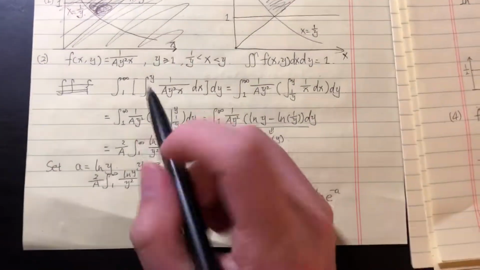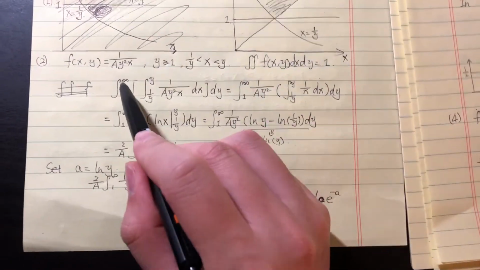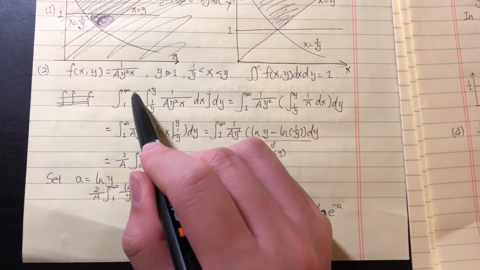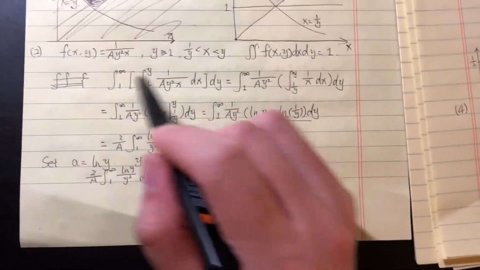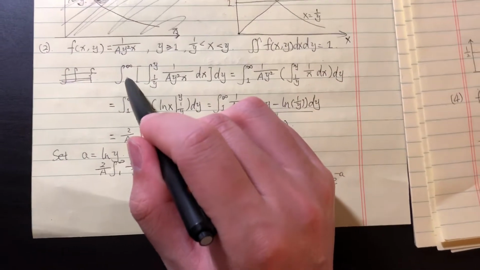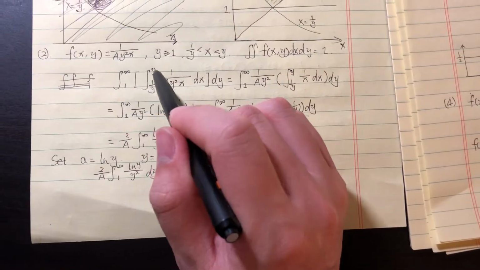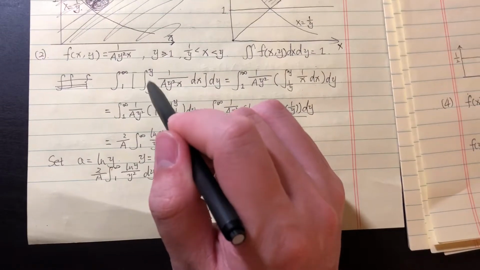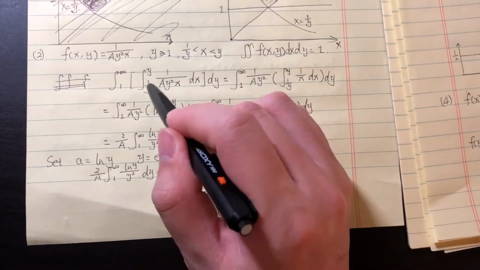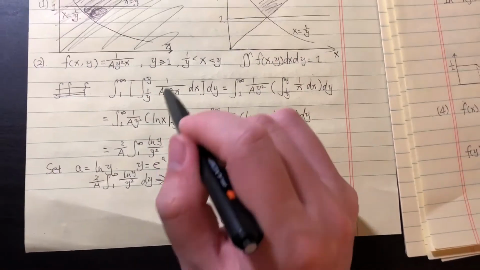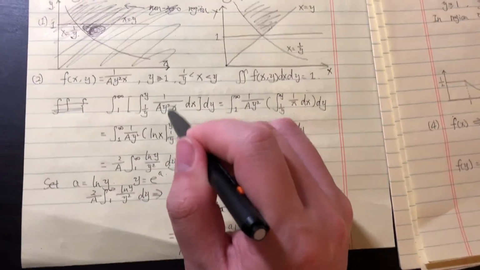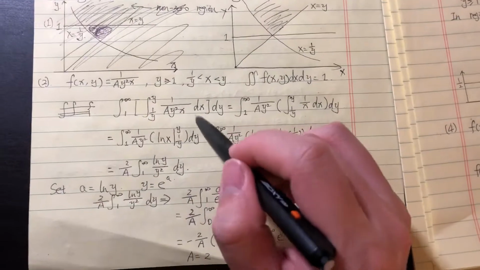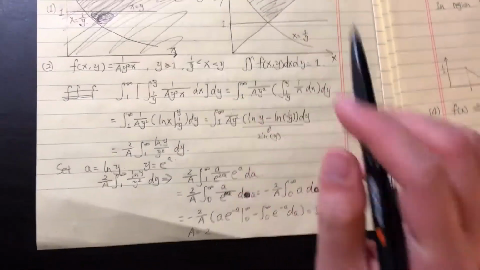Based on this, we can write the integral over y, whose value is larger than 1, so the lower bound is 1 to infinity, and the integral of x, where the lower bound is 1 over y, and inside is 1 over (a y squared x) dx, and outside is dy.